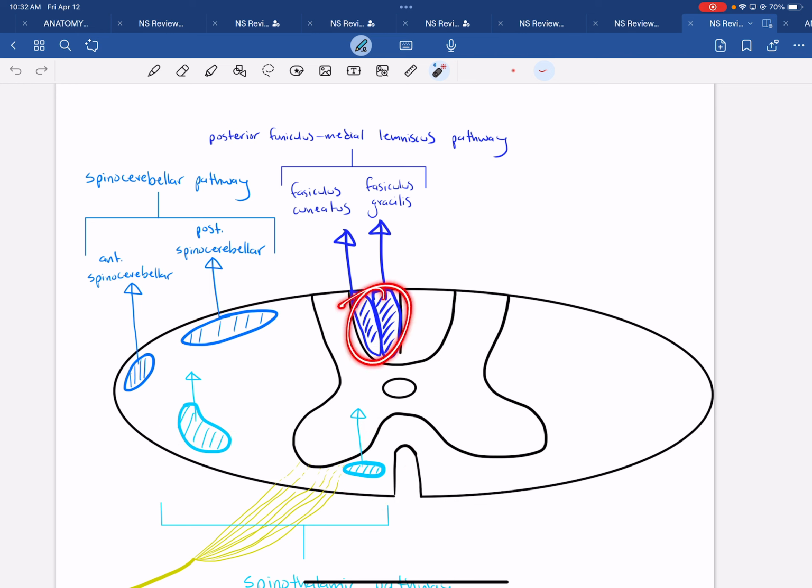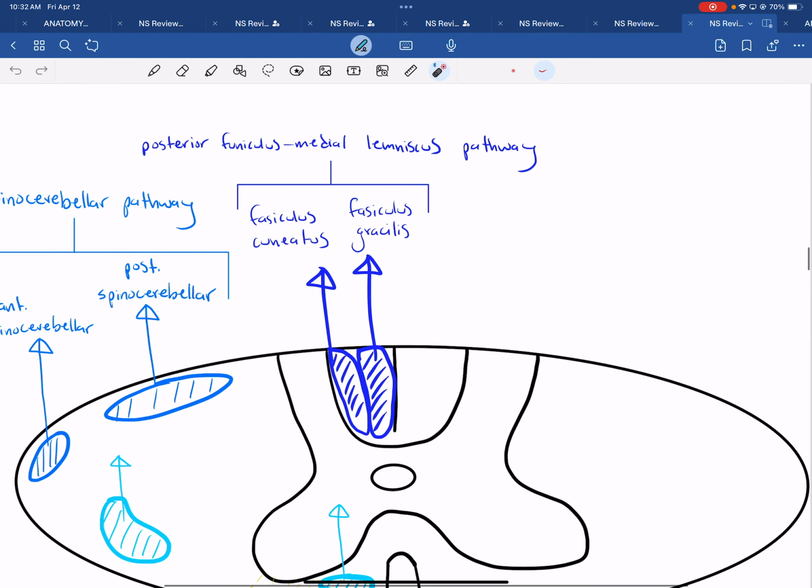In the posterior column, there are two: the fasciculus cuneatus and fasciculus gracilis. Gracilis is more medial, cuneatus is more lateral. Cuneatus comes from the upper body, upper limbs and upper chest, and gracilis comes from the lower body.